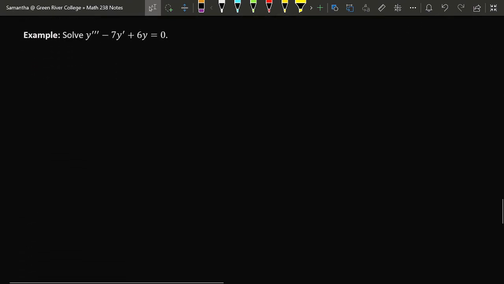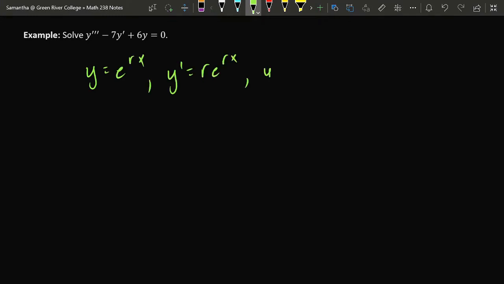So someone asks us to solve y triple prime minus 7y prime plus 6y equals 0. So this is going to be a third order homogeneous ODE with constant coefficients. We're going to make our usual guess, which is going to have its usual consequences. y double prime has 2 r's come down, so y triple prime has 3 r's come down.